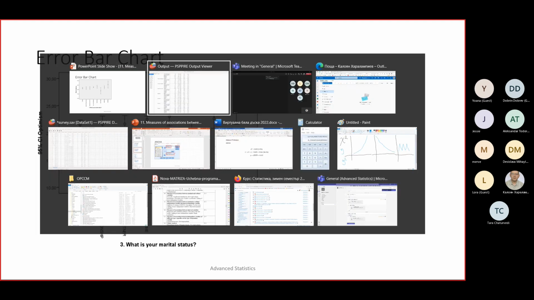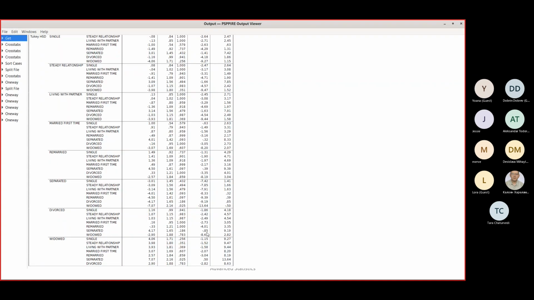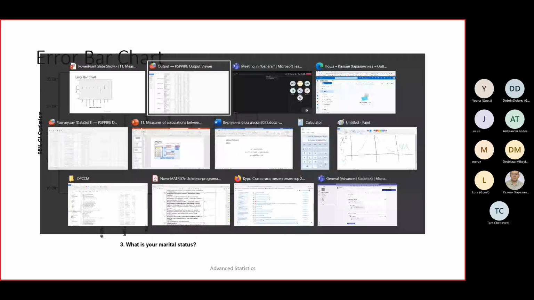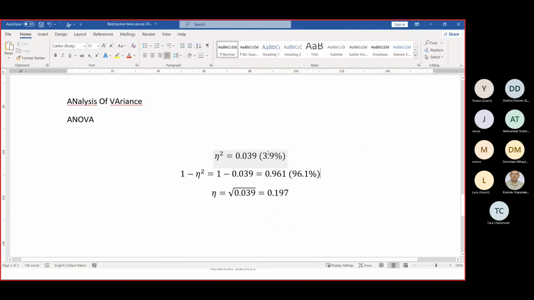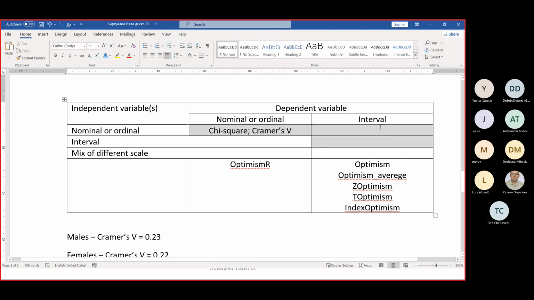And this was analysis of variance, analysis of relation between a nominal or ordinal independent variable and interval dependent variable, but with only one independent variable.